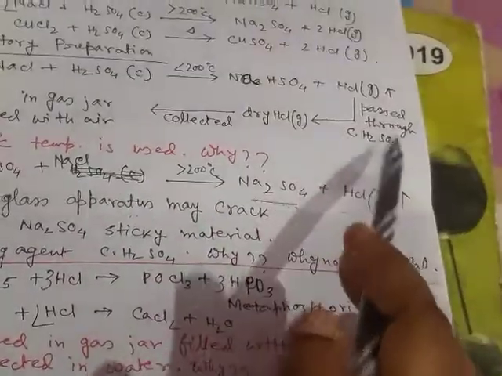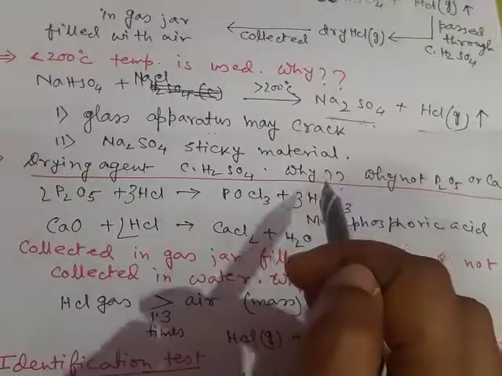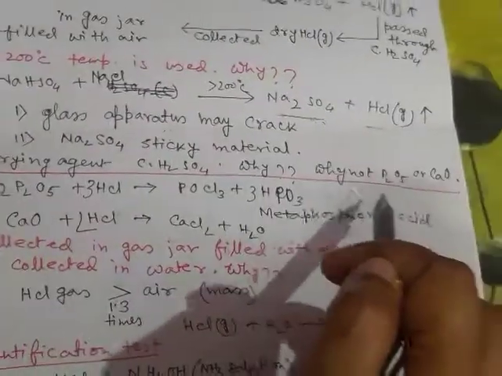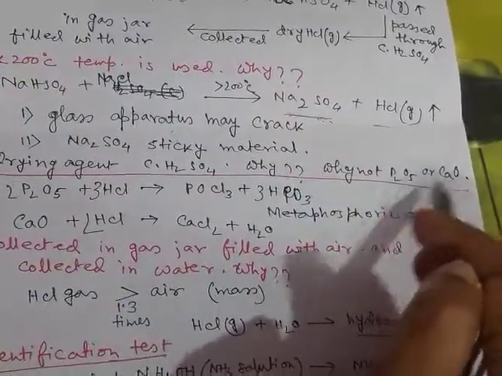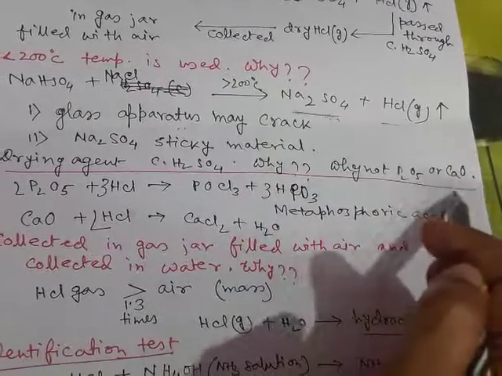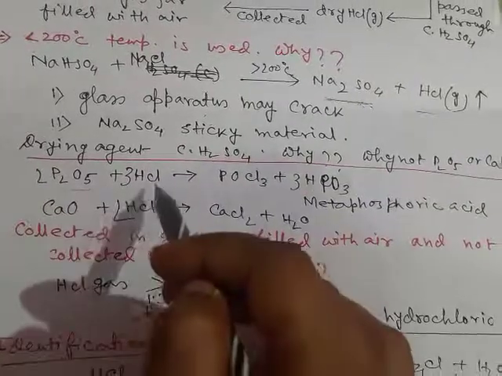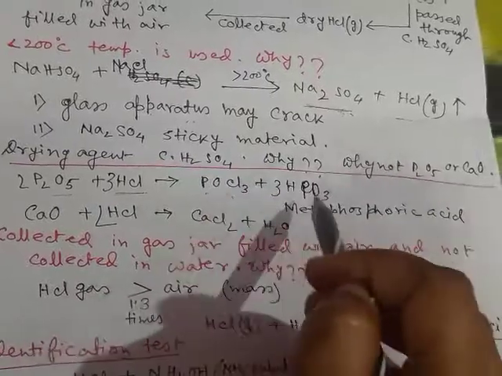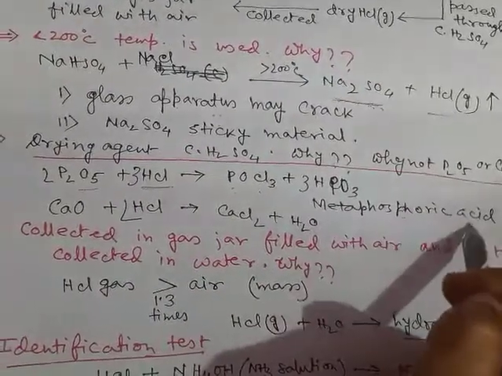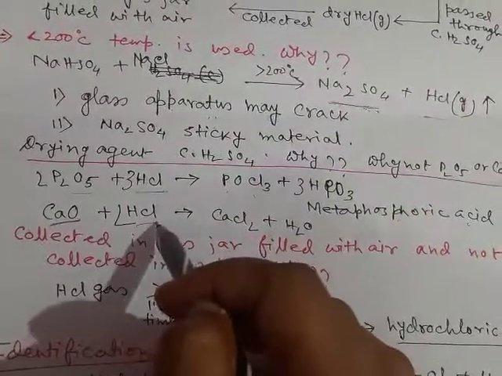Now here we are using the drying agent concentrated H2SO4. Instead of concentrated H2SO4 there are other drying agents, you know, phosphorus pentoxide or calcium oxide. These are also drying agents, that is they can absorb water molecules. But phosphorus pentoxide reacts with HCl to form phosphorus oxide trichloride and HPO3, metaphosphoric acid, and calcium oxide, being a basic oxide, reacts with HCl to form calcium chloride and water.